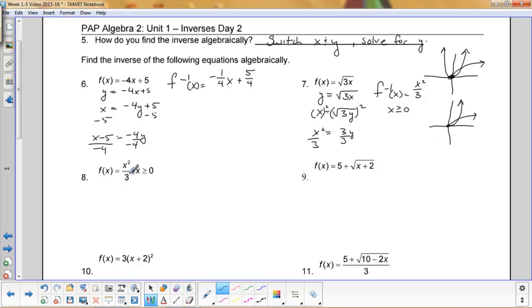Question number 8 looks very similar to question number 7, so we'll be solving that one in the same way.